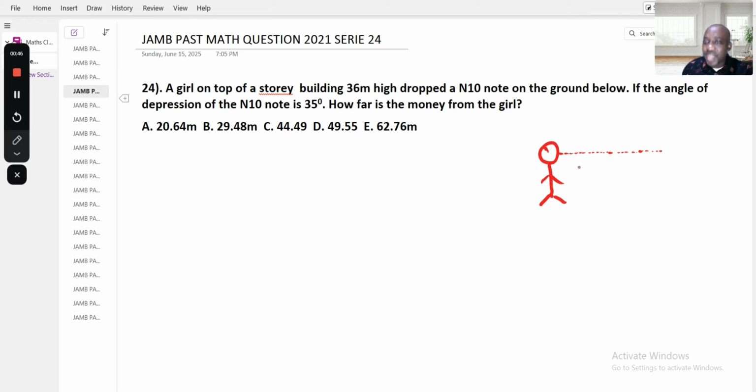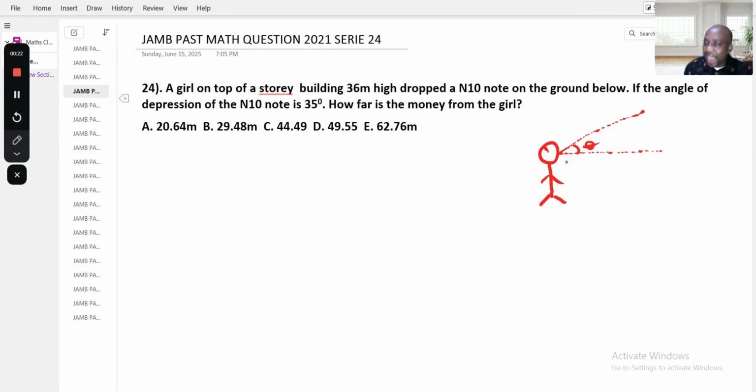When a question says the angle of elevation, it means that her eyes are looking upward like this, maybe at a tree. The angle between that line and the level of her eyes is called the angle of elevation.